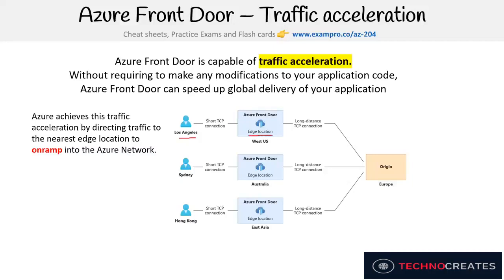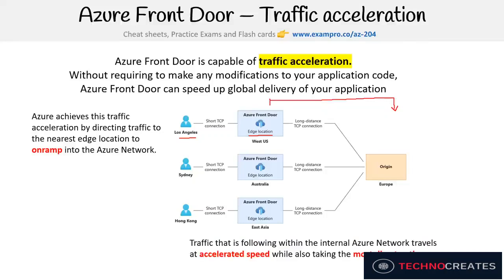They're going to connect to that edge location, and an edge location is just basically a data center, a point of presence, hardware on the edge of a network. And then once you're in there, everything from here to the origin to the back end is going to be through the Azure network, and it's going to be like being on an expressway. So traffic that is flowing within the internal Azure network travels at accelerated speed while also taking the most direct path. Think of it as an expressway, and think of these edge locations as on-ramps. So there you go.